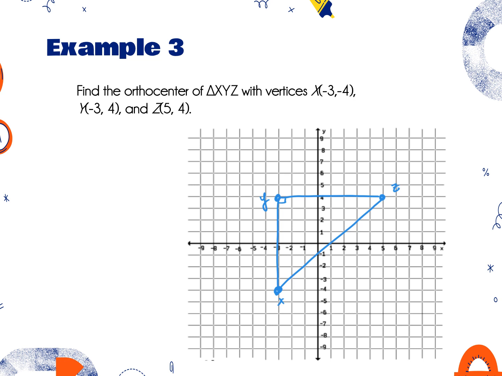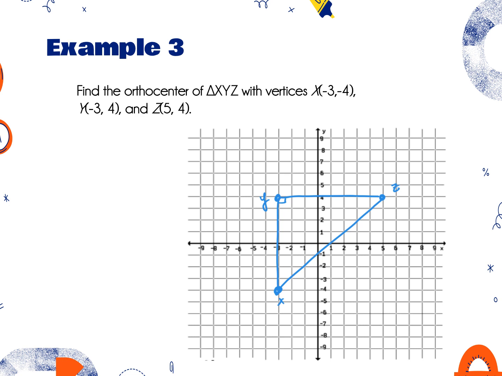Now, again, this is a little bit tricky because drawing perpendicular lines is not always easy. Remember that, if I'm trying to draw a line perpendicular to a diagonal line, I'm going to need to use the slope of the line and the opposite reciprocal and all that fun stuff.